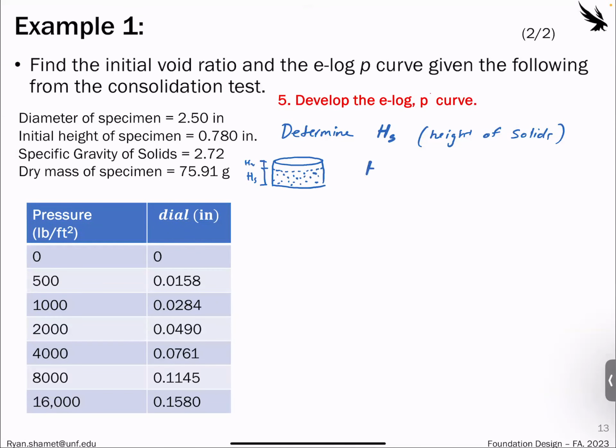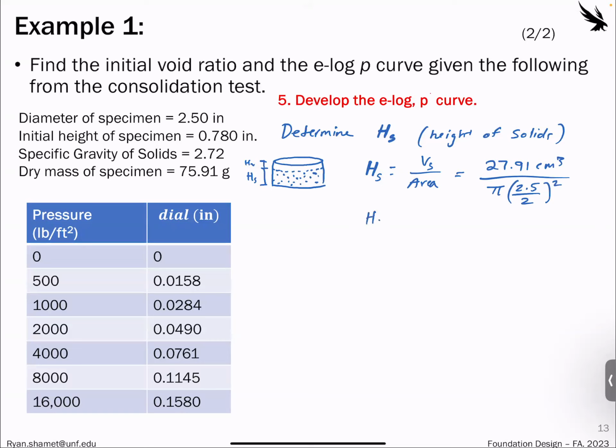The height of the solid section is going to be equal to the volume divided by the cross-sectional area. The volume is going to be 2791 cubic centimeters. The cross-sectional area will be pi r squared, so that'll be 2.5, but this is in inches, so we need to convert this over correctly.